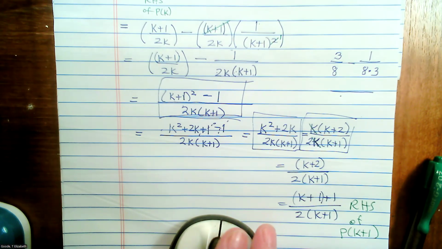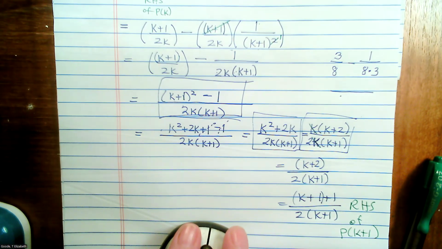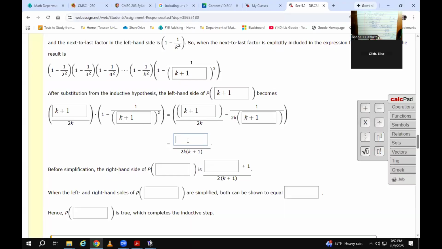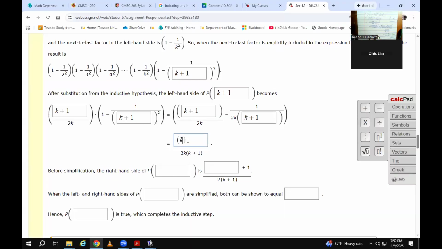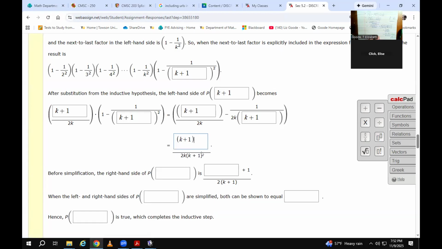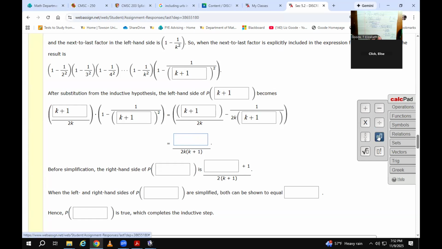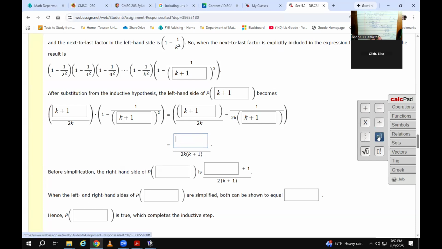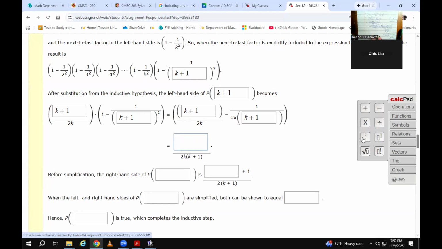What does the denominator have in it? It's 2k times k plus 1. All right, so I think it might be k plus 1 quantity. I want to do an exponent. So what do I have to do? No, that's the wrong thing. I gotta just delete all this.